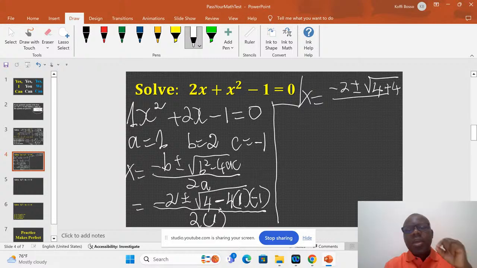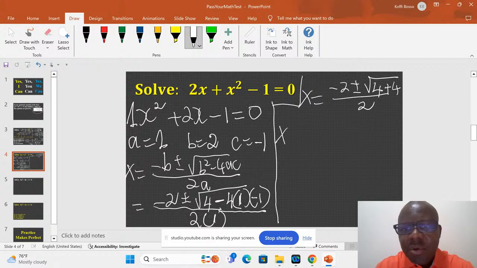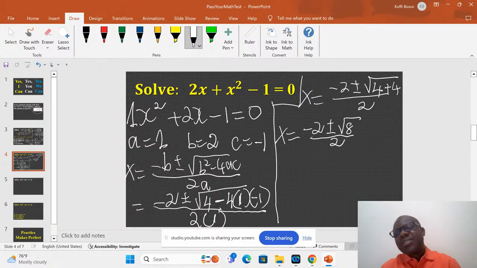Why? Because negative 4 multiplied by 1 is negative 4, and negative 4 multiplied by negative 1 is positive 4. Everything divided by 2. So x is equal to negative 2 plus minus square root of 8 divided by 2. It's not done.